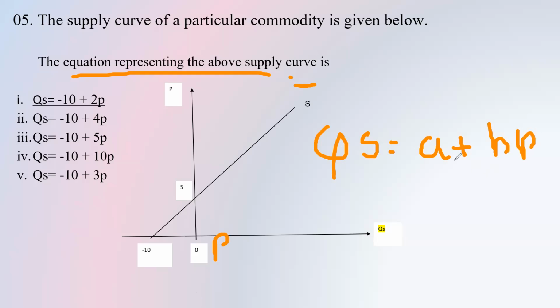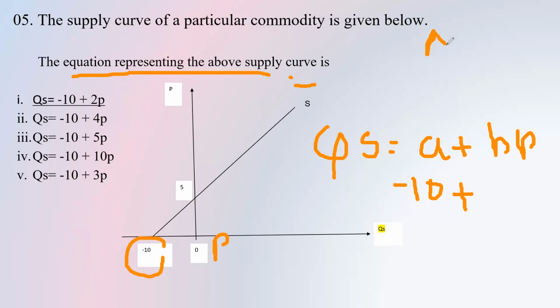A means the quantity when price equals to 0. When price is equal to 0, how much is the quantity? Quantity is minus 10. Then B. How do we calculate B?